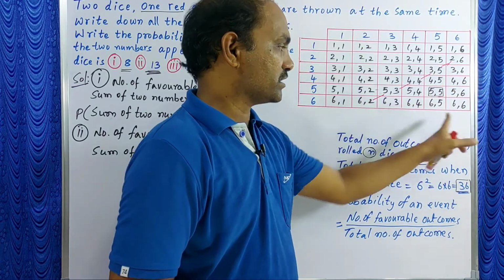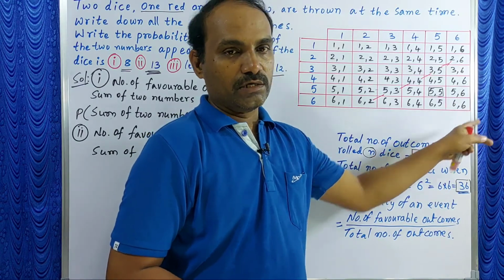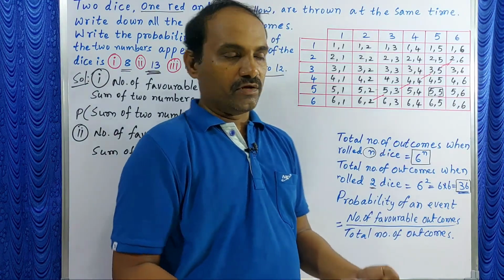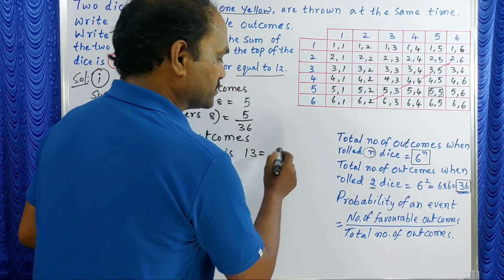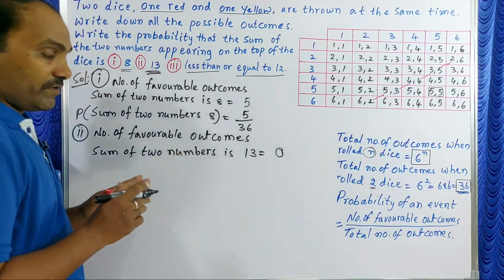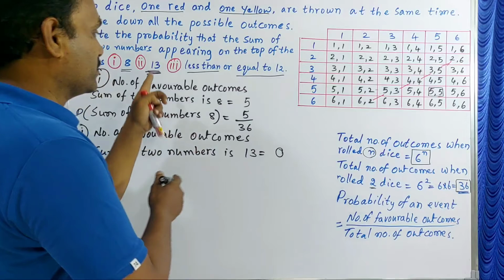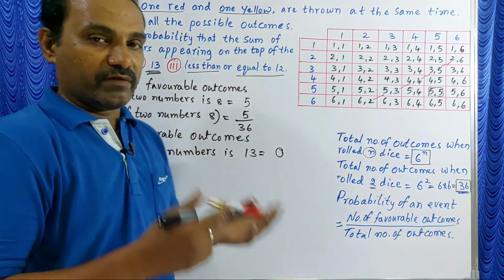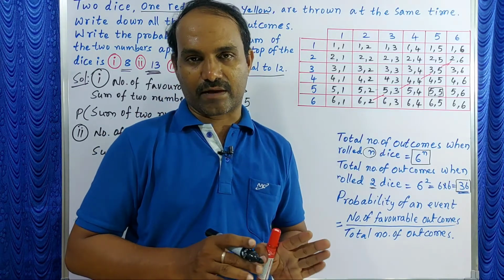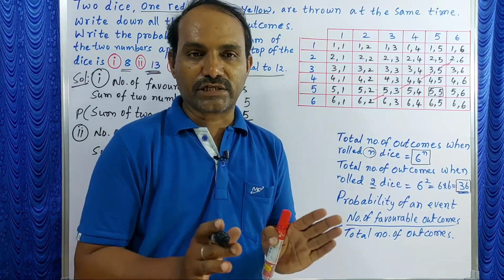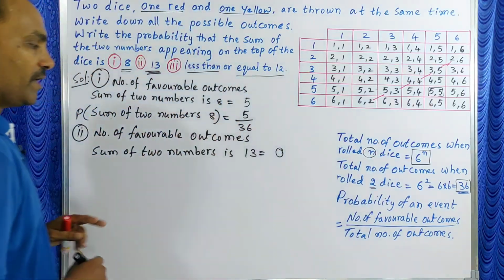Here no number, last number 6 comma 6 means 6 plus 6 is 12. So no outcome is there whose sum is 13. That's why number of favorable outcomes is 0. So number of favorable outcomes 0 means this one is an impossible event. Whenever you throw 2 dice, 6 plus 6 is the highest, 12 only. That's why this one is the impossible event.